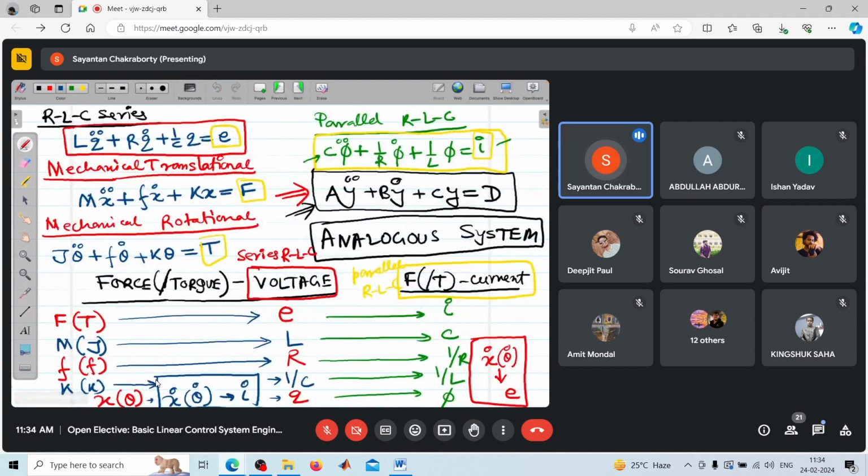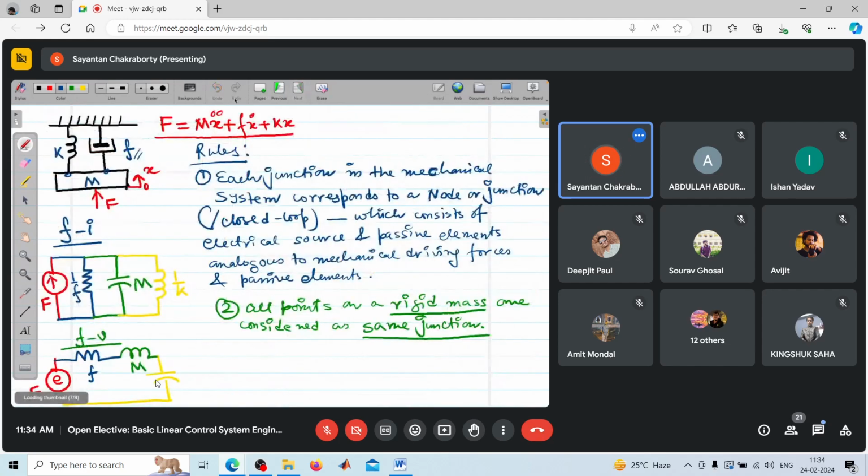And the capacitor represents 1 by K, so 1 by C equal to K. So I can simply write down these values, since you know what f, M, and K are for a given mechanical system that you want to model, and you put them into the corresponding R, L, and C values. Right.